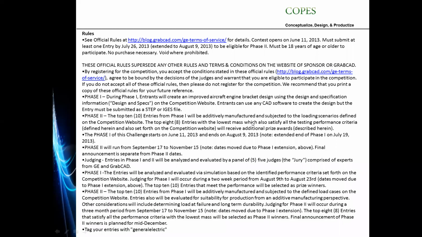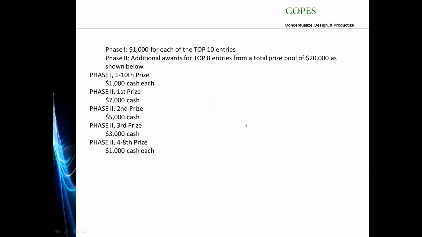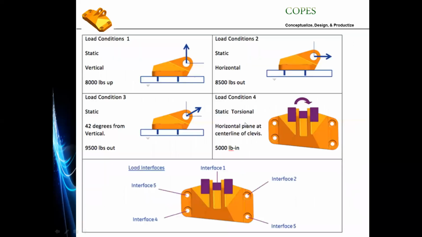Now, there was a challenge and everything. These were the conditions: one is vertical, another is horizontal, the third is inclined, and the fourth we didn't make with the clevis, that is at the shaft interface. Understood?